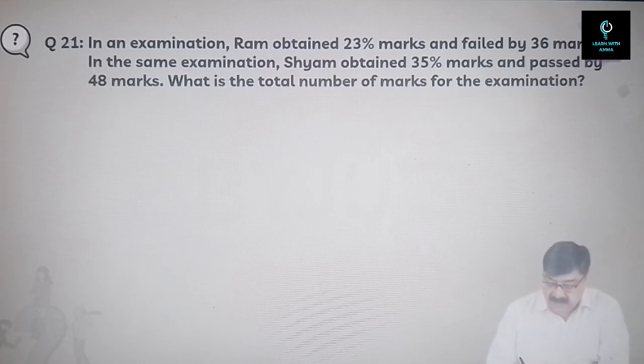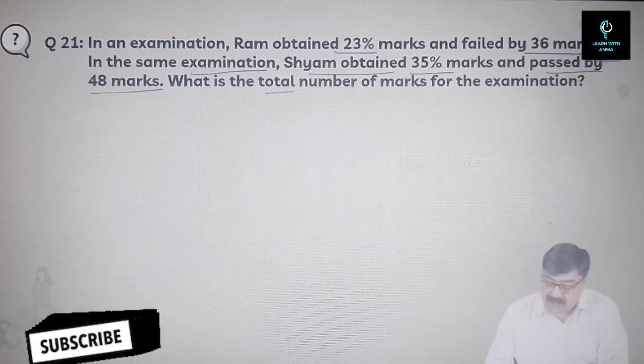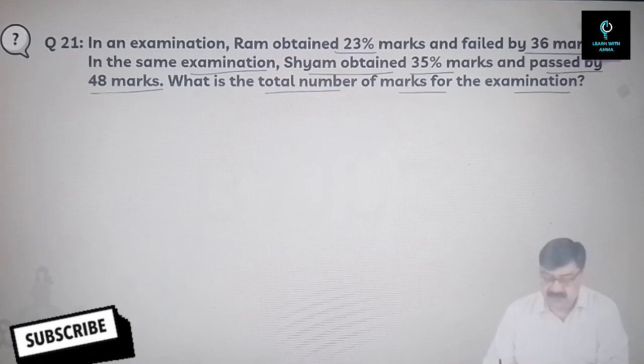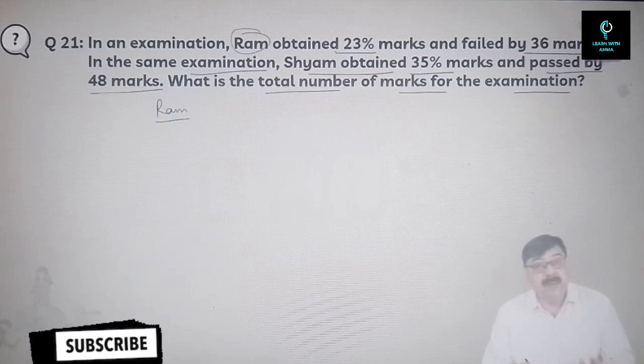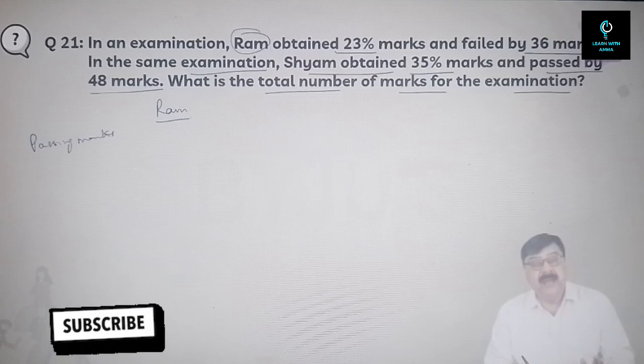Now in an examination, Ram obtained 23% marks and failed by 36 marks. In the same examination, Shyam obtained 35% marks and passed by 48 marks. What is the total number of marks for the examination? Now here, as per Ram, the passing marks will be how much?